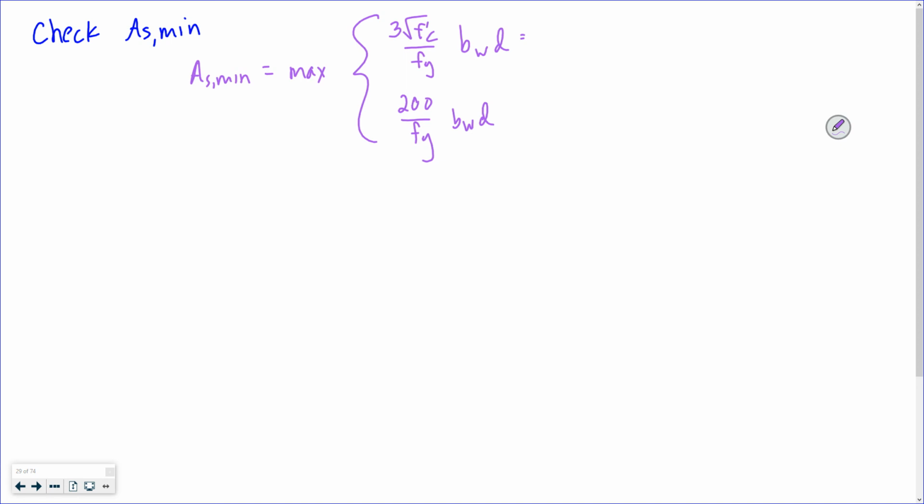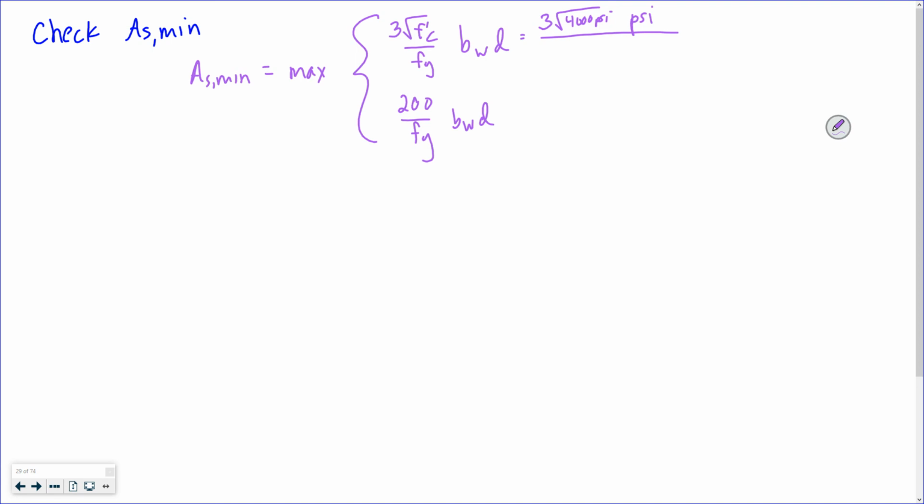This is your manual, write all over it, I don't care, if it makes you a better designer later and helps you get the right answer. So let's see, 3 square root f'c, so 4,000 psi. If you take the square root of psi, it becomes psi. It's a thing. Just accept it, okay?